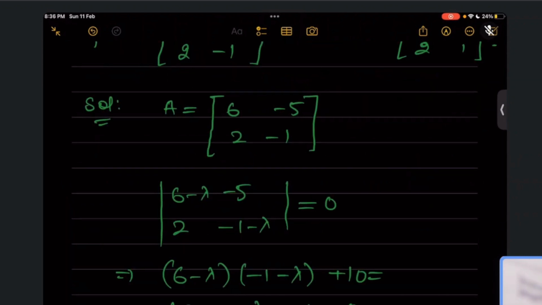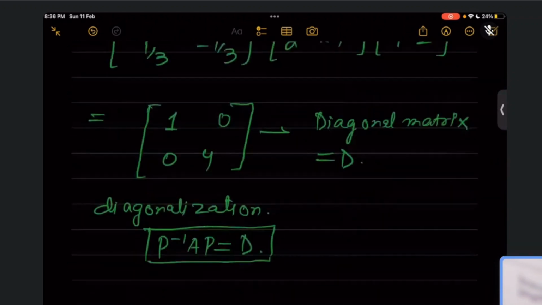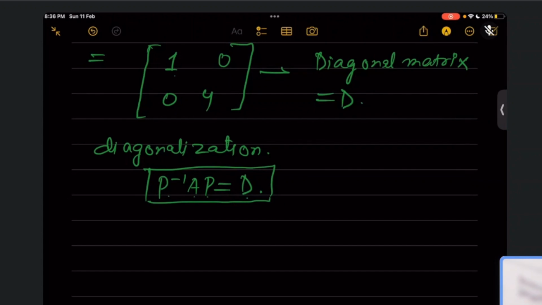So diagonalization helps us in finding higher powers of the matrix. And how is that? See, we defined here that P inverse into A into P is D. After finding the modal matrix and its inverse for a given matrix A, we do the diagonalization and we find the diagonal matrix, which in this case was 1, 0, 0 and -4.